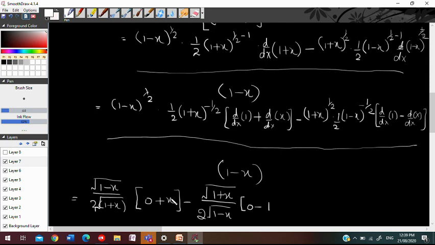Sorry, here we have 1, the derivation of x is 1, so 1 minus x, and the whole divided by 1 minus x.